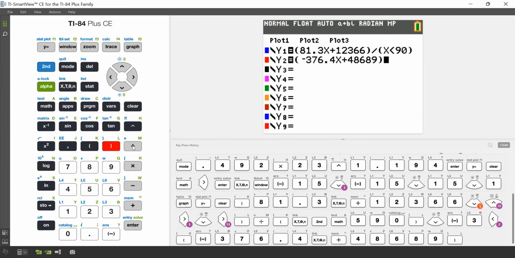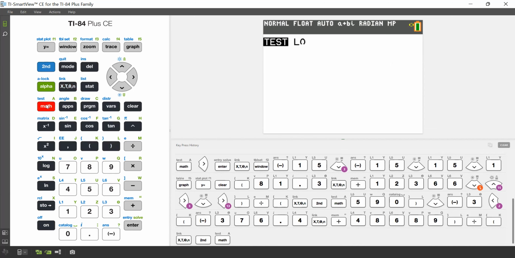Close those parentheses, use a division symbol, open parentheses, and this is where X is greater than or equal to 90. X is greater than or equal to, is that number 4?